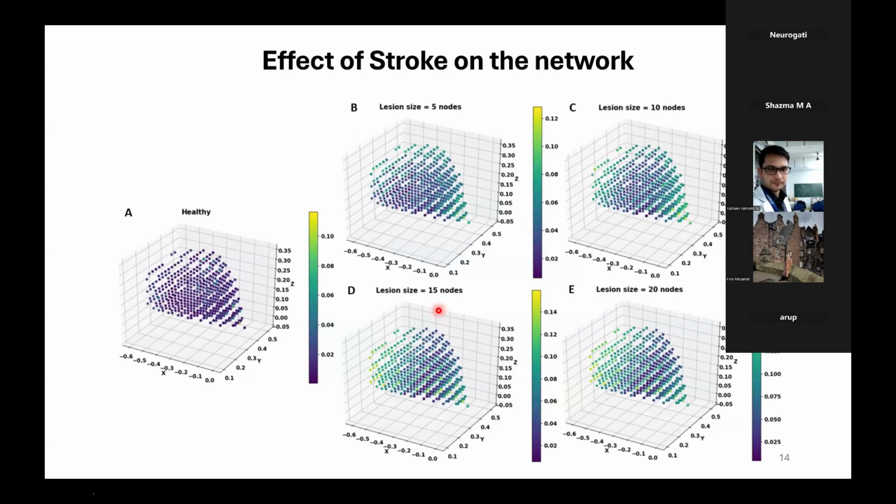So this is the effect of stroke in the network. These are 3D plots, and each point in the plot shows the error experienced while reaching to the target. Under healthy condition, the error is extremely low almost across the entire workspace. But as I keep increasing the size of the lesion, the performance keeps getting worse.